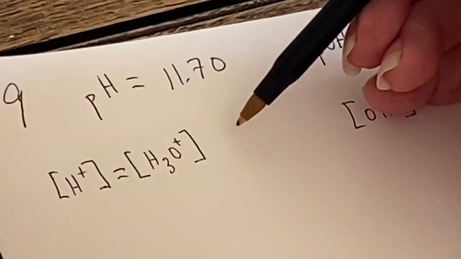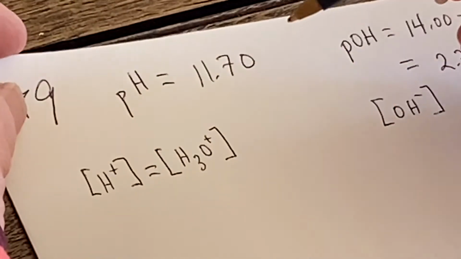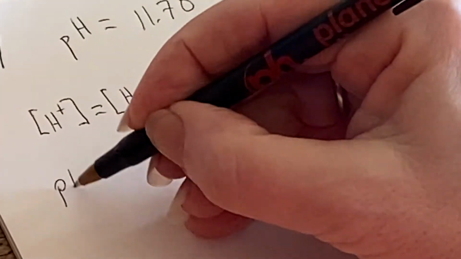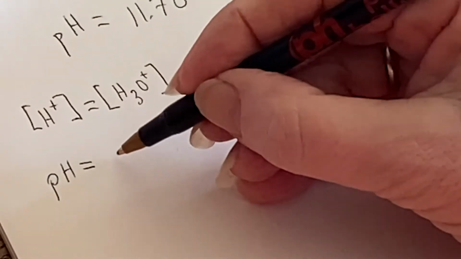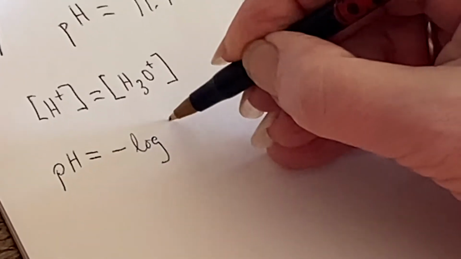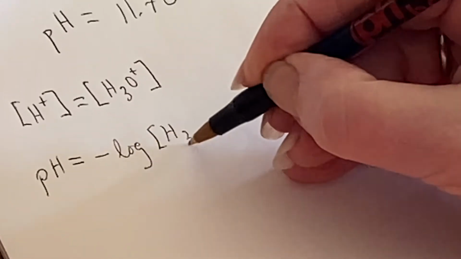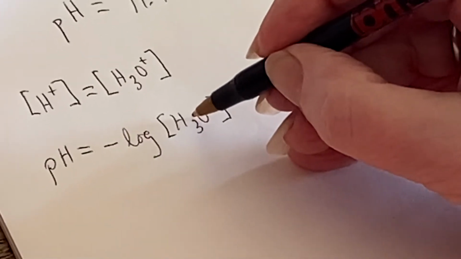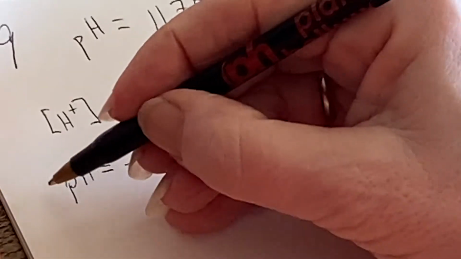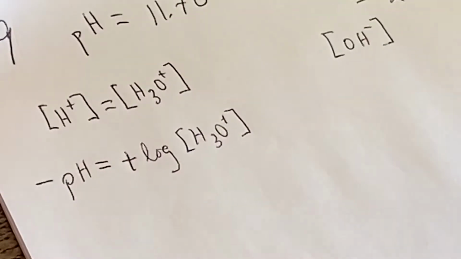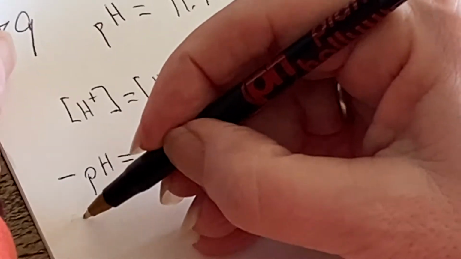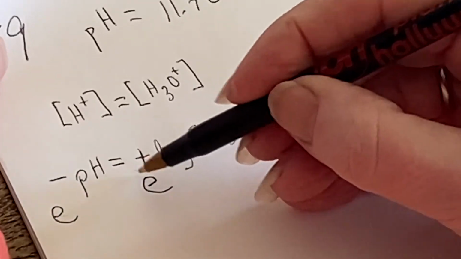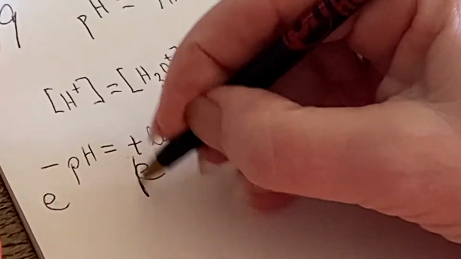So how do I find this? Well, we have to turn around and think about what the pH equation was. It's minus the log of the concentration. I want to know this, so I'm just going to go ahead and change the sign. And then I'm going to do this. Oh gosh, did it wrong.